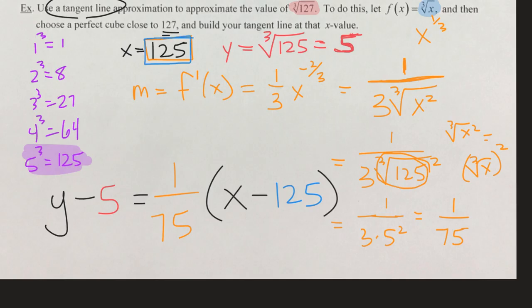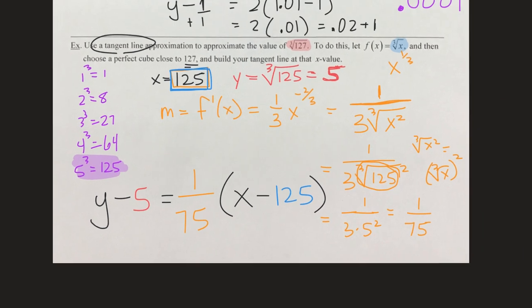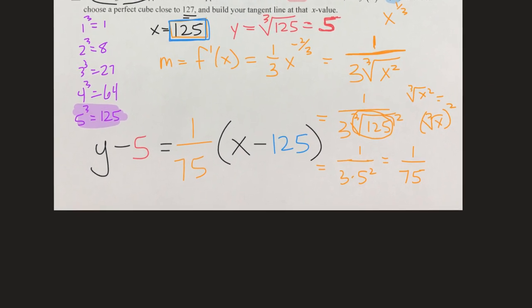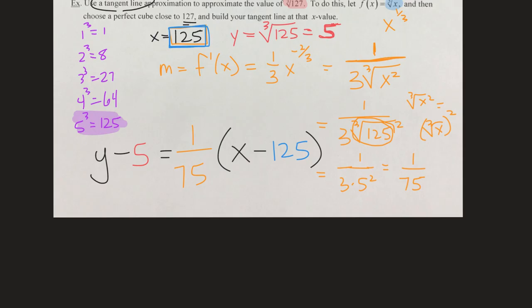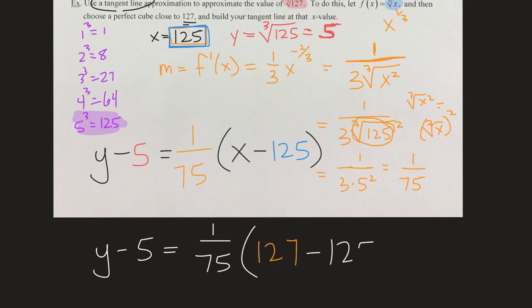Okay, so that's the equation that we're going to use to approximate what happens when x is 127. So y minus 5 equals 1 over 75 times 127 minus 125.